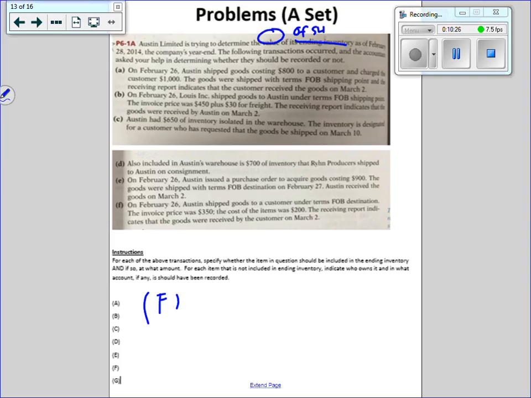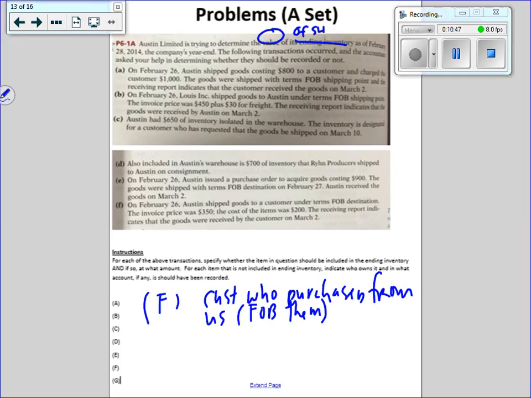Based on a receiving report, that customer who bought from us got it on March 2nd. So in other words, we owned it from the time it left our store on February 26th while it was on that FedEx or UPS truck. So there you have it.